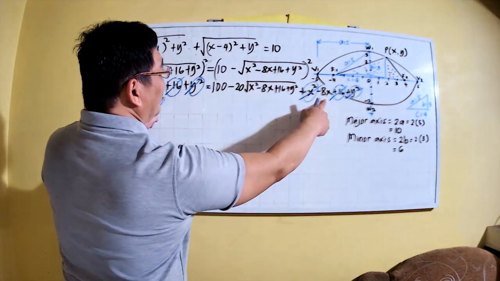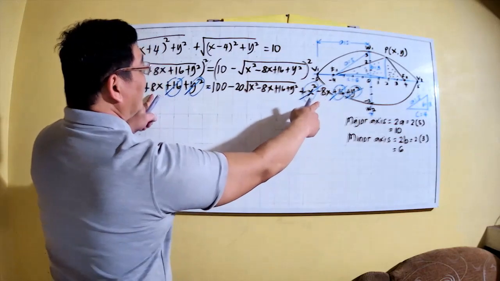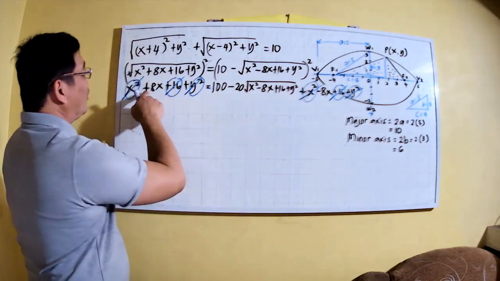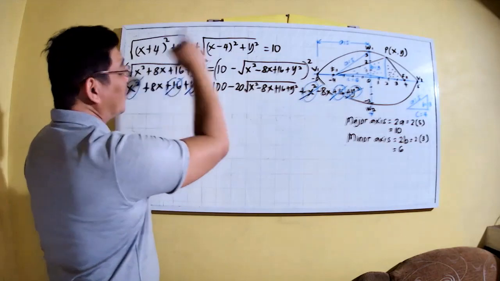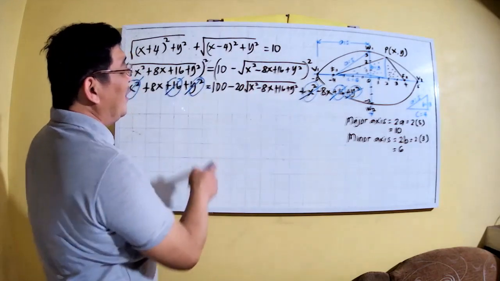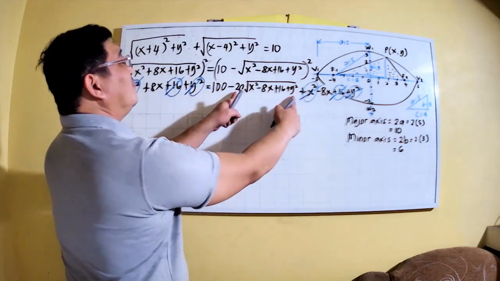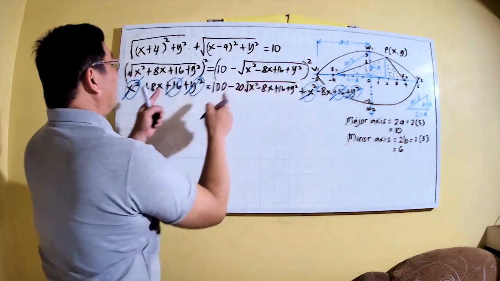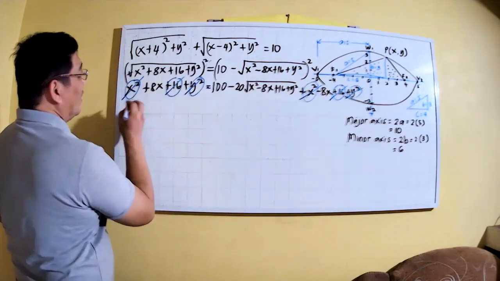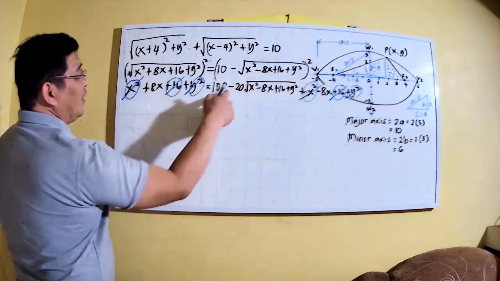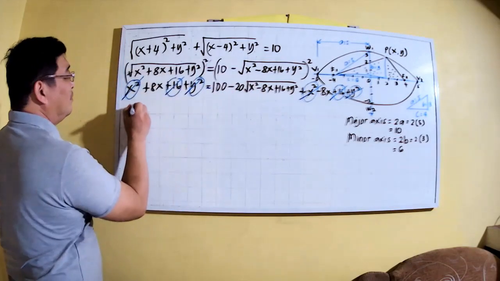We are going to add this. We're going to transpose this positive 8x to the other side. We are going to have negative 16x. So let's transpose this with a negative sign to become positive at the other side of the equation.